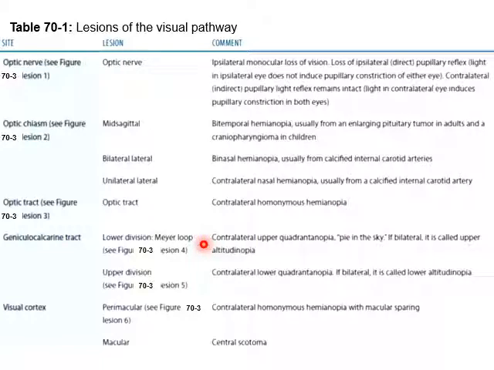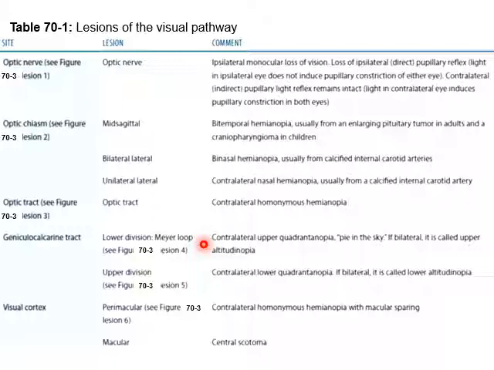The geniculocalcarine tract, or the optic radiation, has two divisions. The lower division, the Meyer loop, when you have a lesion in it, causes a contralateral upper quadrantanopia.